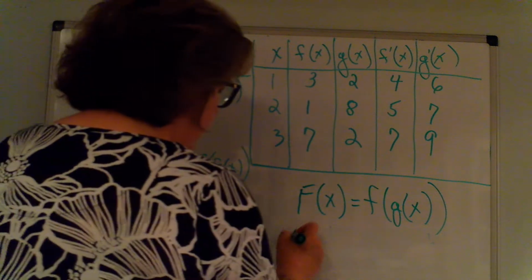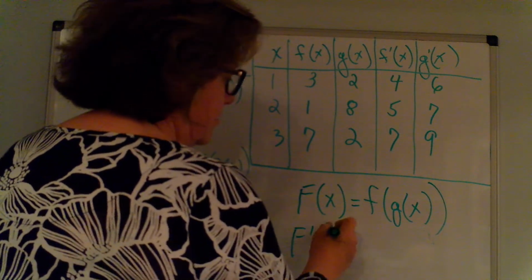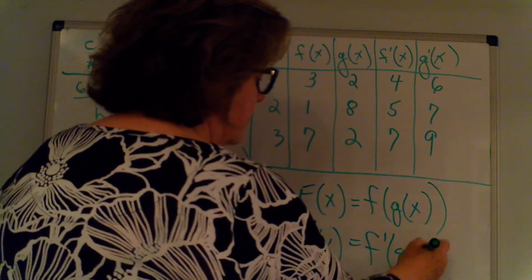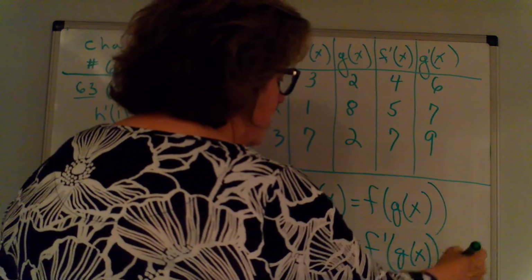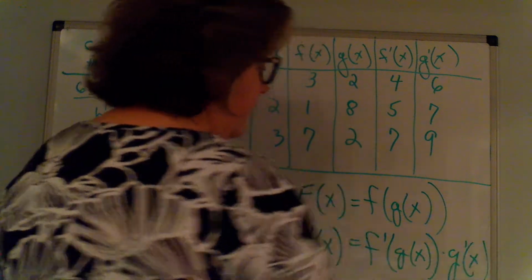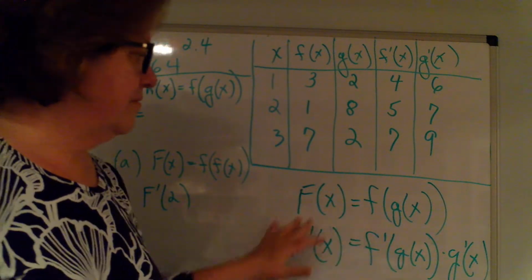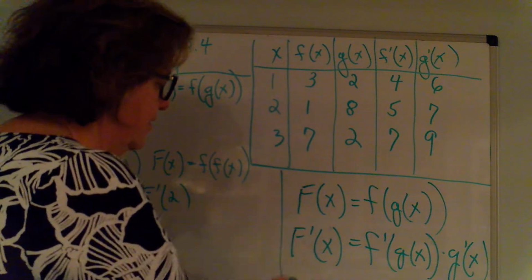Then the chain rule says F prime of x would be f prime of g of x times g prime of x. So this is exactly the rule we've been applying, and this is symbolically how you would write it.